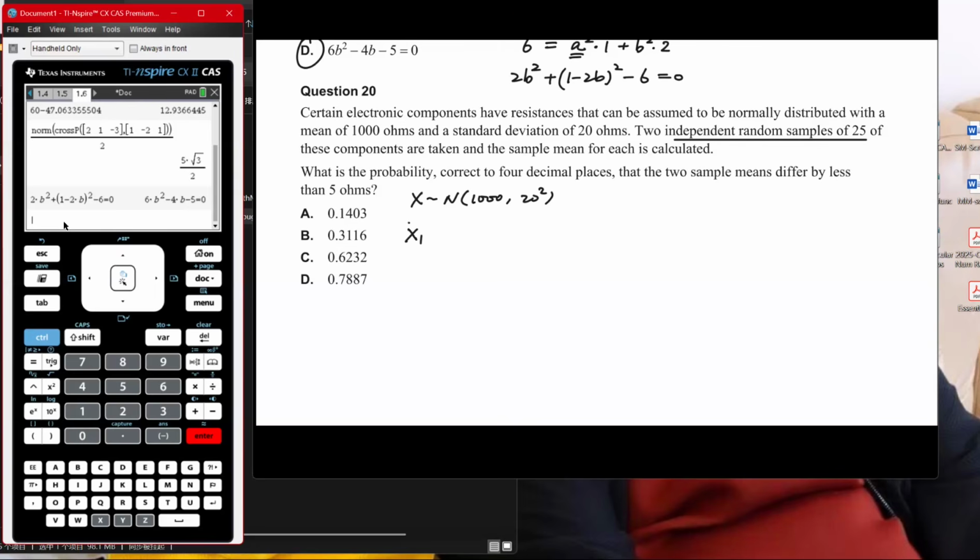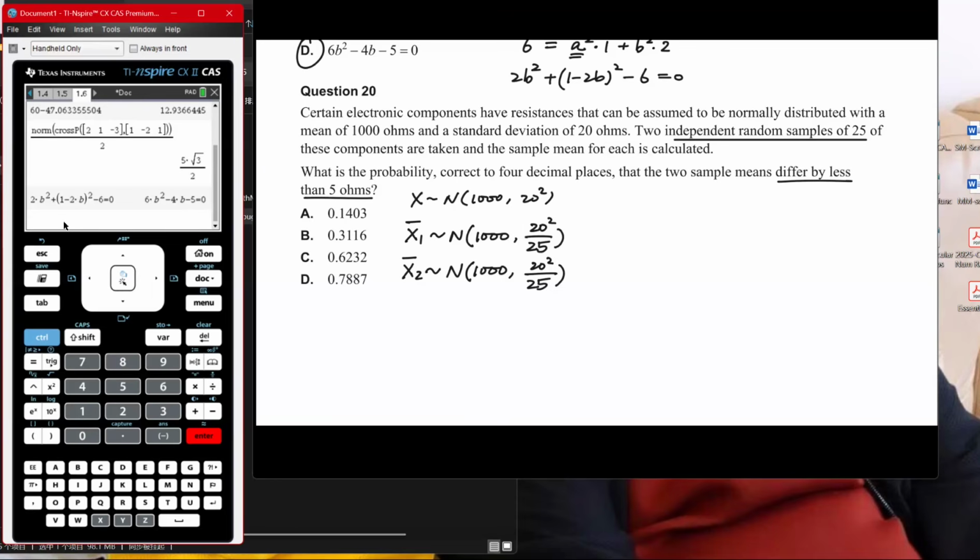X1 bar is the sample mean distribution of X, and the variance needs to be divided by 25. The other random sample is X2 bar. It has the same mean, and the variance is 20 squared over 25. What is the probability, correct to 4 decimal places, that the two sample means differ by less than 5 ohms?